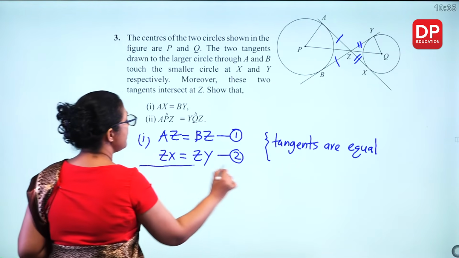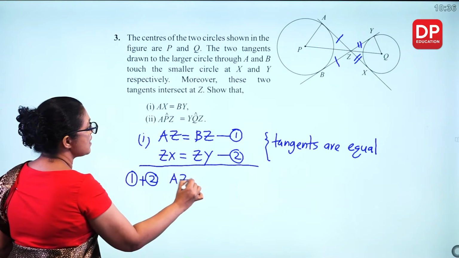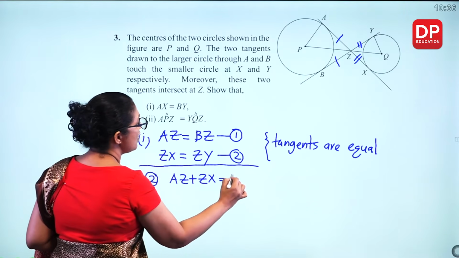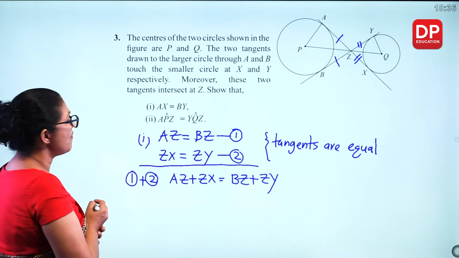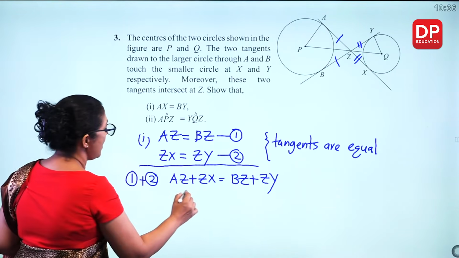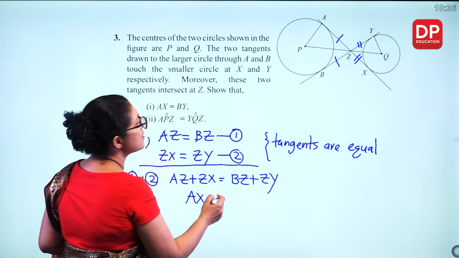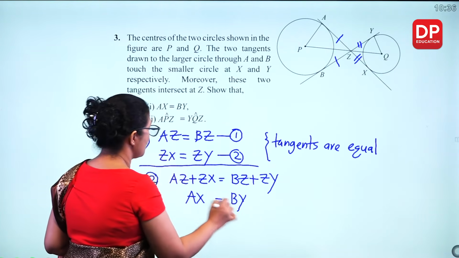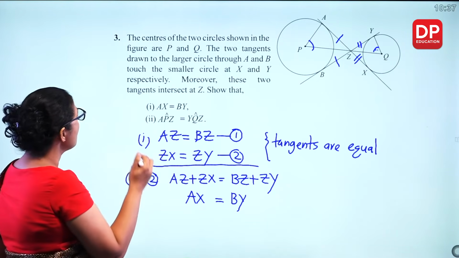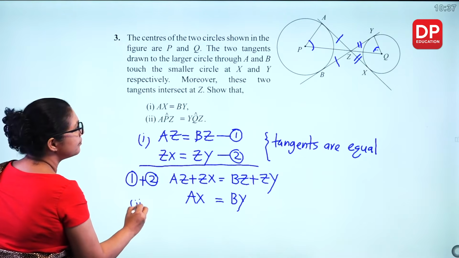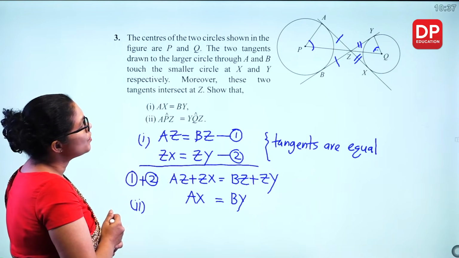Now, when you add these two, AZ plus CX is equal to BZ plus CY. What is AZ plus CX? You get AX. What's BZ plus CY? That's BY. So you get AX equals BY. We'll do the second part. Angle APZ is equal to angle YQZ.